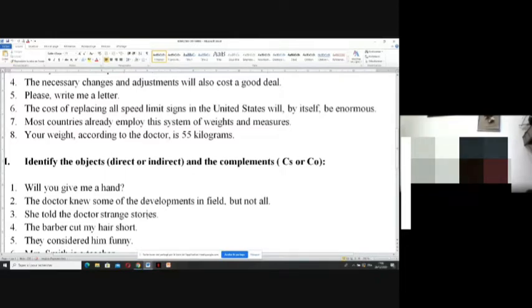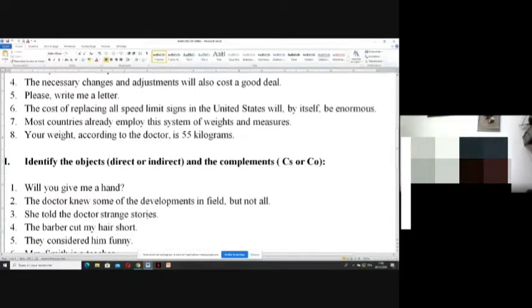Automatically, when you have two objects, the verb is ditransitive. If you have one object, the verb is monotransitive. If you have a subject complement, the verb is intensive. If you have a direct object after the verb plus an object complement, the verb is a complex transitive verb.